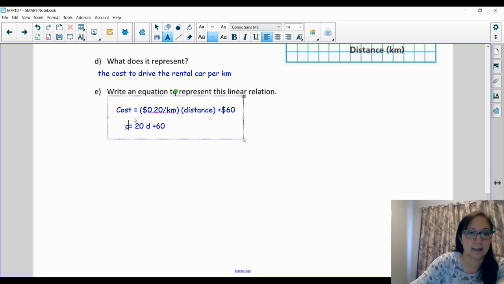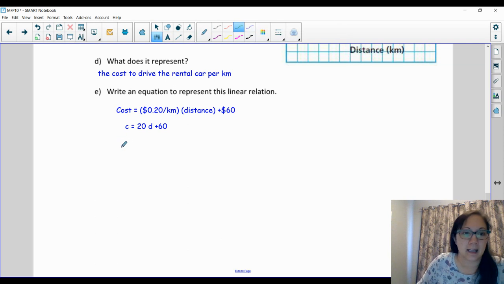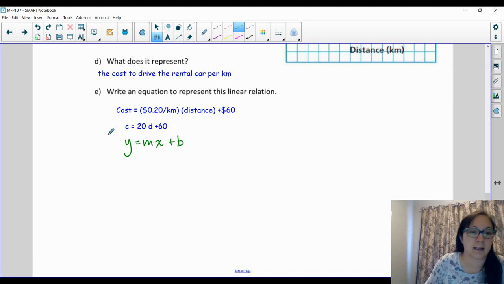Or if we look at it in the more general sense of following that pattern that every line does, it's also the y-axis equals 20 times the x-axis plus, sorry, let me rewrite that. It's the slope times the x-axis plus the y-intercept.